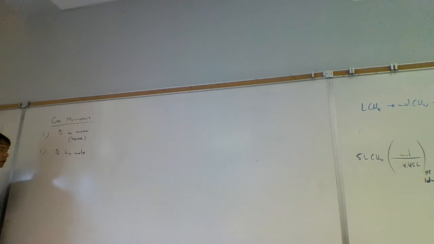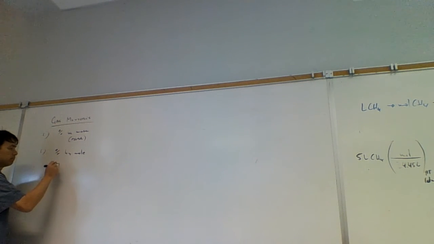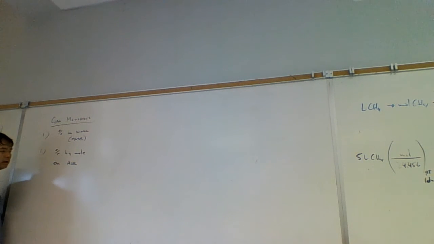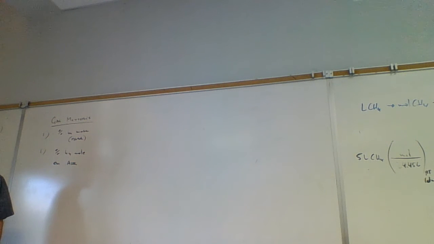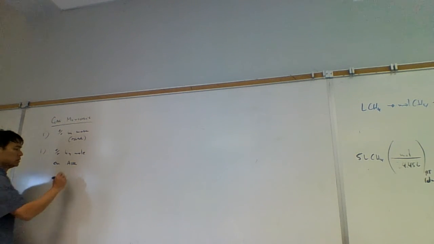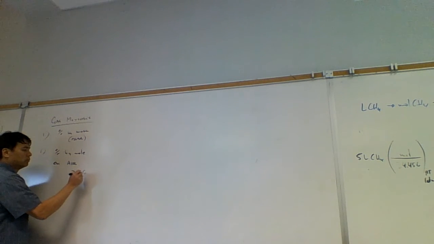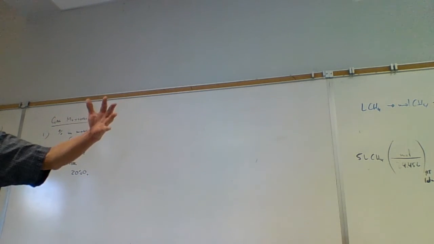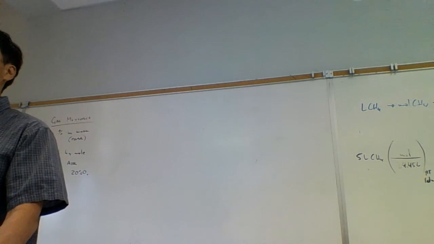So let's look at air as an example here. Air is about what percent oxygen? 20% oxygen. So air is about 20% O2. What happens if I heat up the air? Does that change?